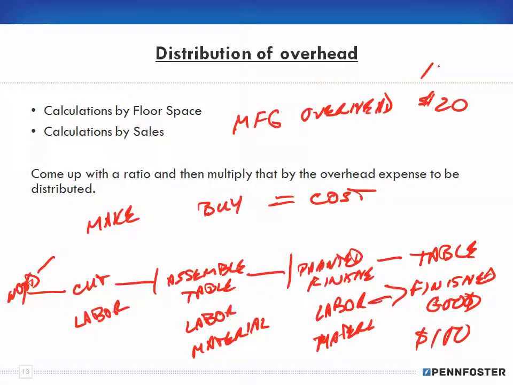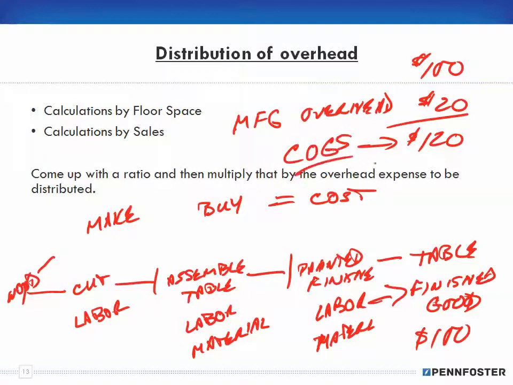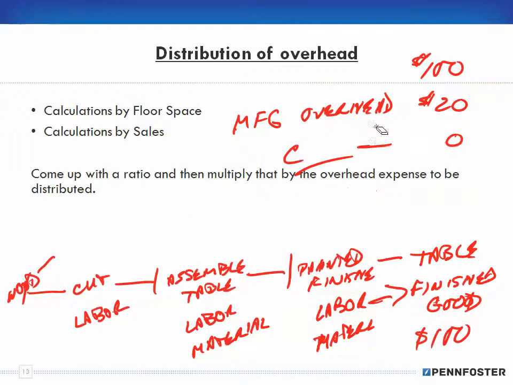You add that to that cost of $100 for the table, so now your true cost of the table is $120, and that is your cost of goods sold, okay? That will be put into inventory, right? That's the cost that ends up in inventory and becomes your cost of goods sold when you actually sell it, okay?